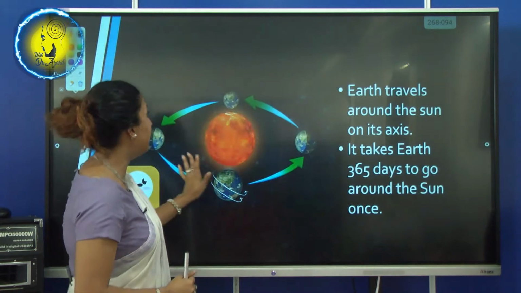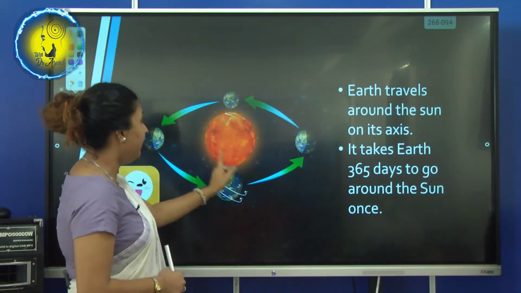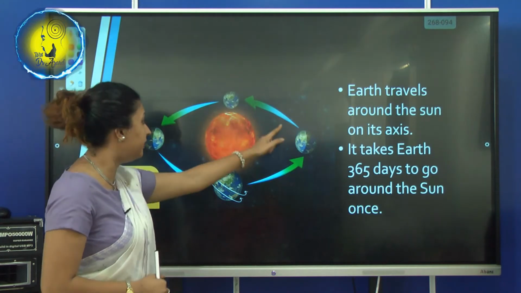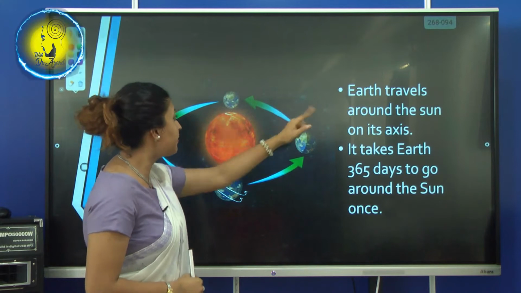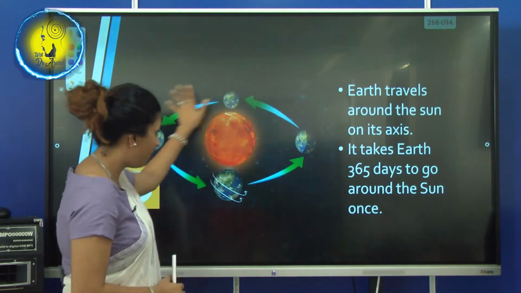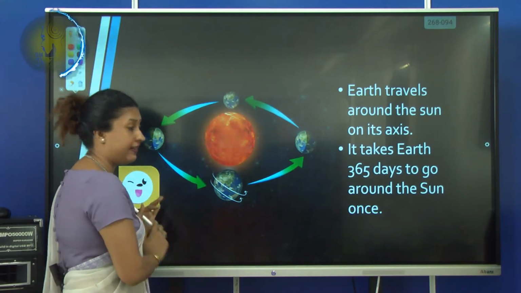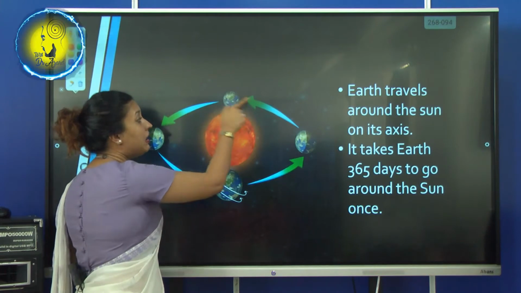So here is a picture. You can see earth. This is earth. This is the sun. Earth travels around the sun on its own axis. Now look at this clearly. This is the sun and here it's going around.